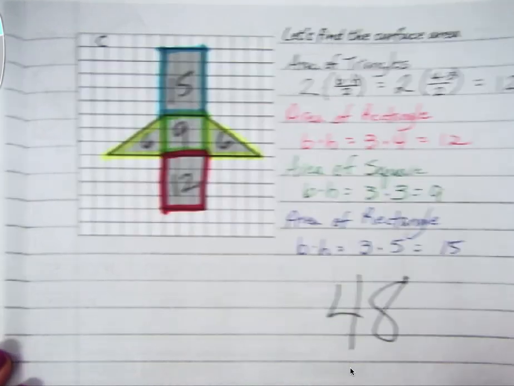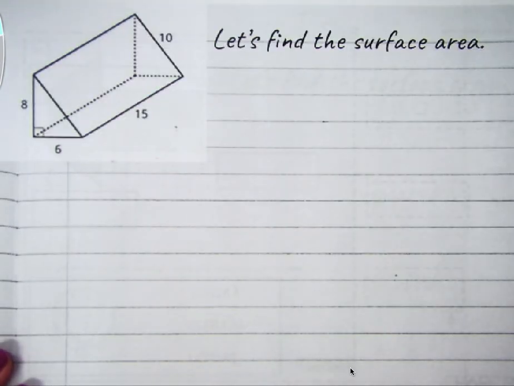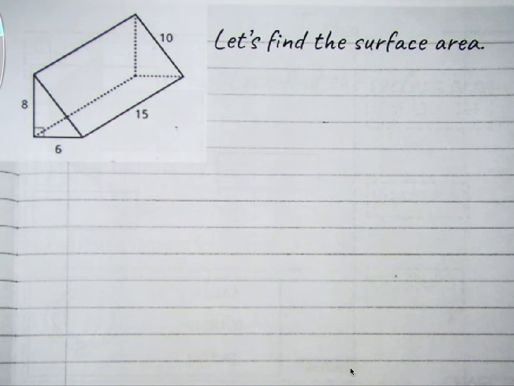All right? Now, let's look at this one. This one, not so simple as the other one we just did. Okay? So, let's try to lay it out flat like we just had the other one.